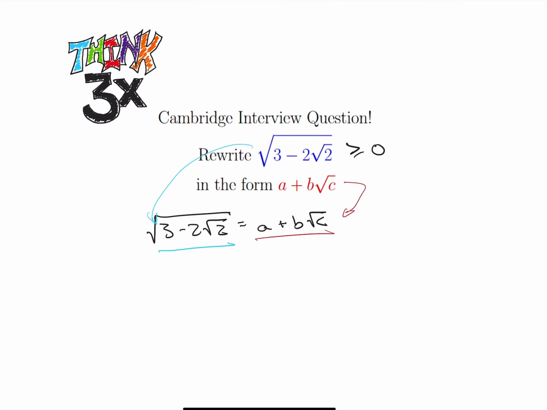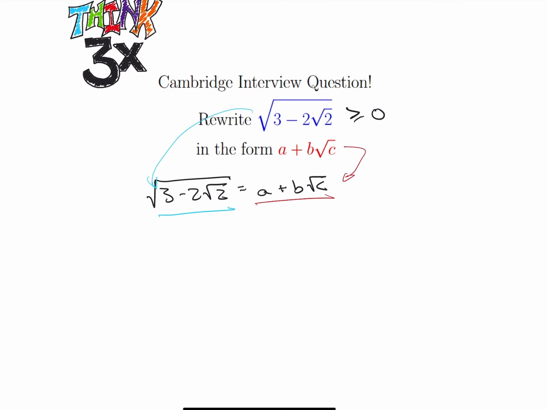Okay, so let's go ahead and look at this. Let's square both sides. We get 3 minus 2 square root of 2 is equal to a squared plus 2ab square root of c plus b squared c.